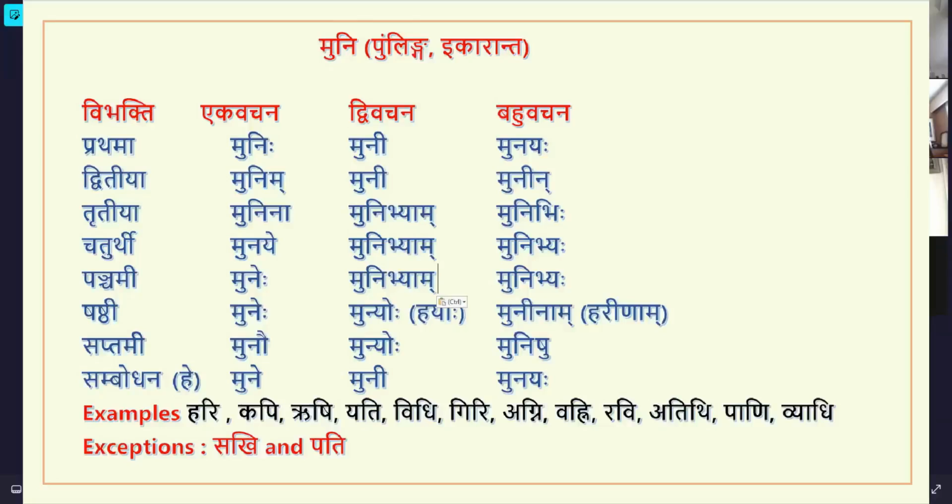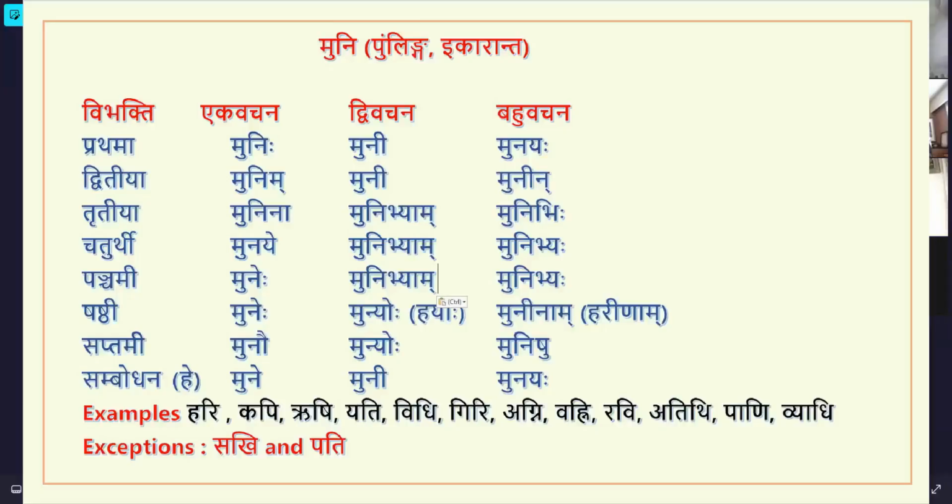Munibhyam is the same as narabhyam. So you will find something common. It is not that the whole thing will be completely new. There will be some similarities. So don't worry. Slowly, when you memorize 10 or so, you will find it easier because you will find something common. So munina, munibhyam, munibhih, then fourth is munaye.